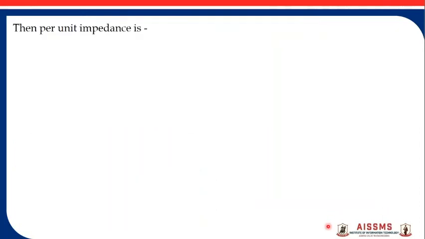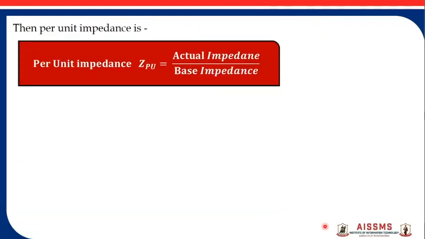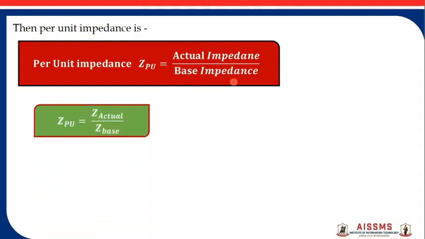Then per unit impedance is calculated as the actual impedance divided by the base impedance. So Z per unit will be Z actual divided by Z base. Now we know the equation for Z base, so I will use it in this equation.